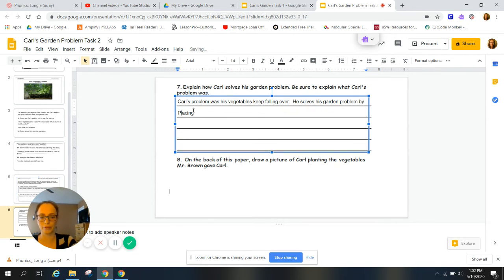It's autocorrecting me, but remember we only have capitals at the beginning of sentences. He solves his garden problem by placing tall tomato stakes in the ground that Mr. Brown gave him to keep his vegetables standing tall.